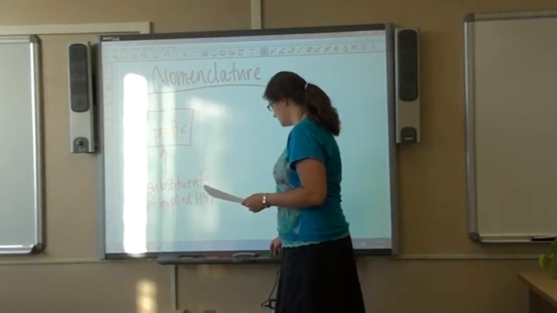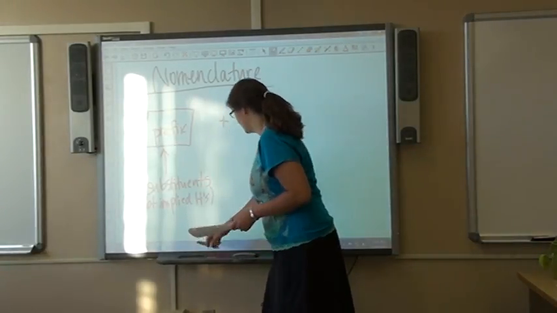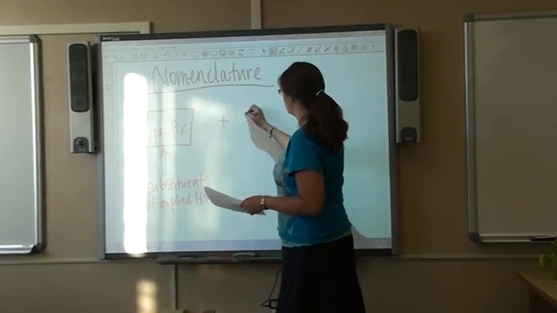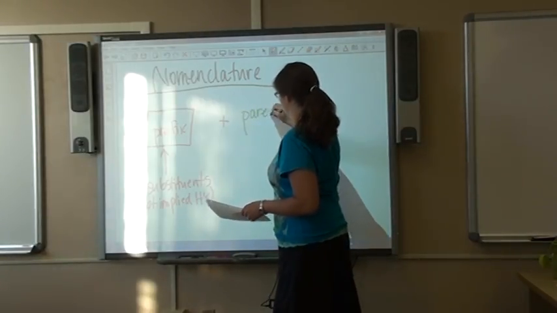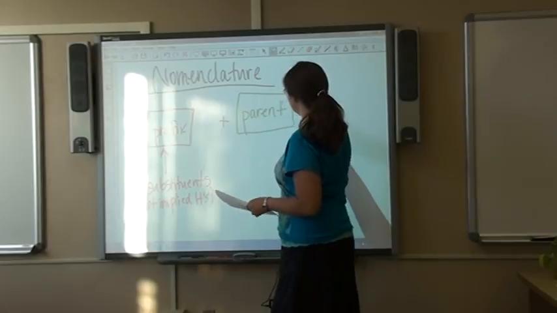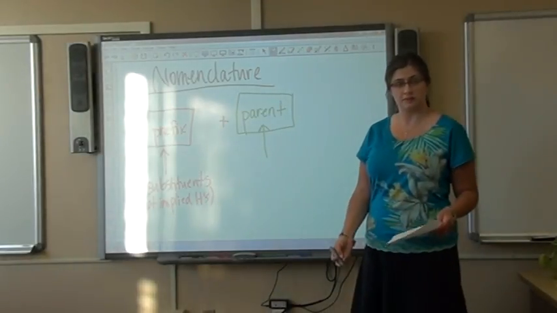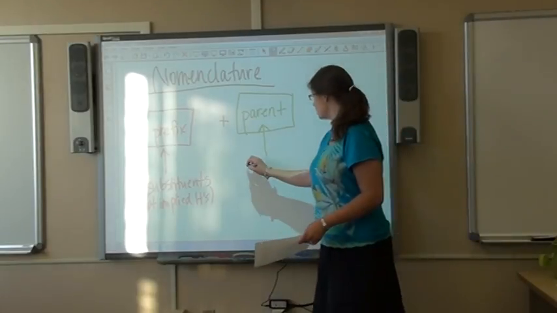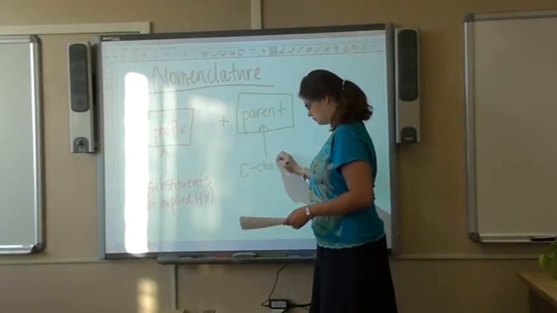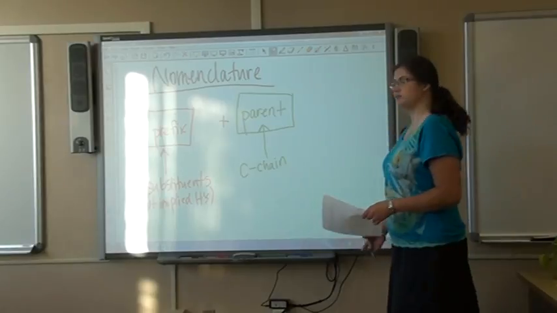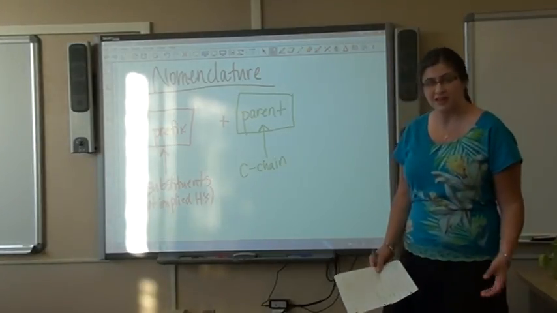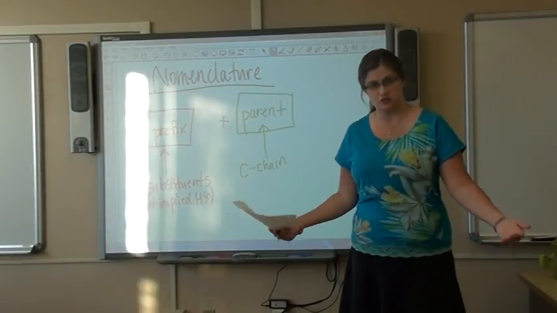Now, the second group after the prefix that we need to know about is called the parent group. The parent group is the most important group for starting out with naming of the alkanes, and this is the carbon chain. So whenever I refer to the parent group, that means the carbon chain.